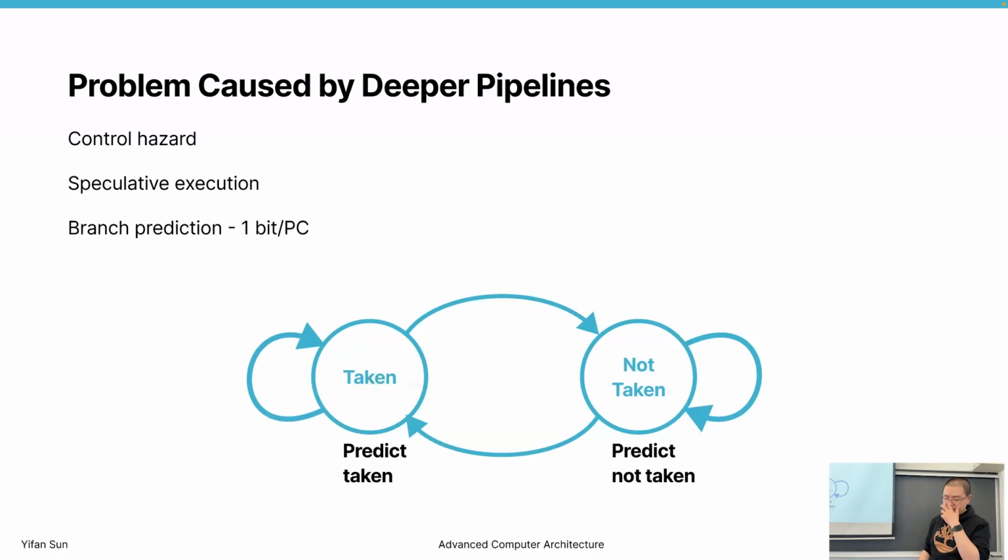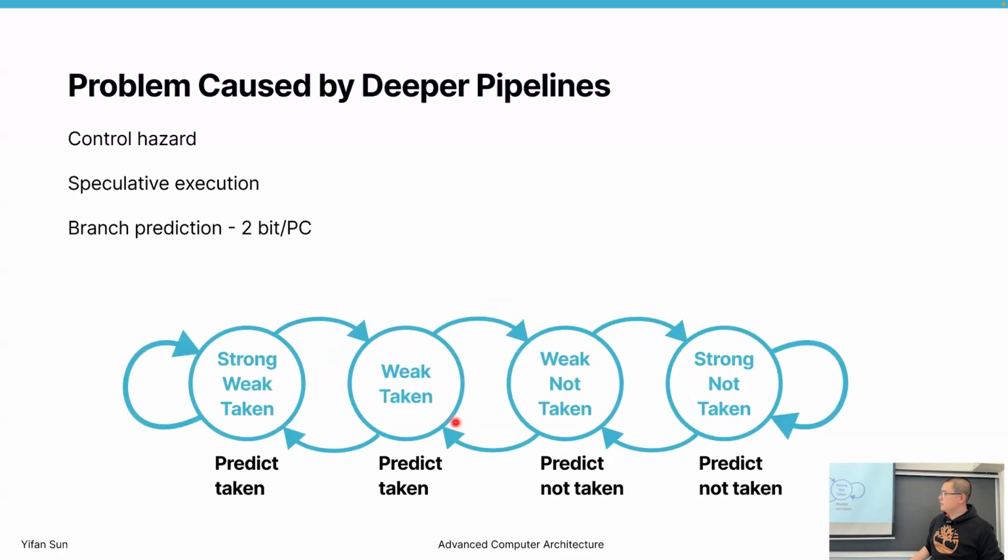So, slightly more complex, changing from 1 bit to 2 bits makes it a 4-state machine. We start from a weak not taken state. Now if it's not taken, then we go to strong not taken. Then we'll stay here if it's not taken again.